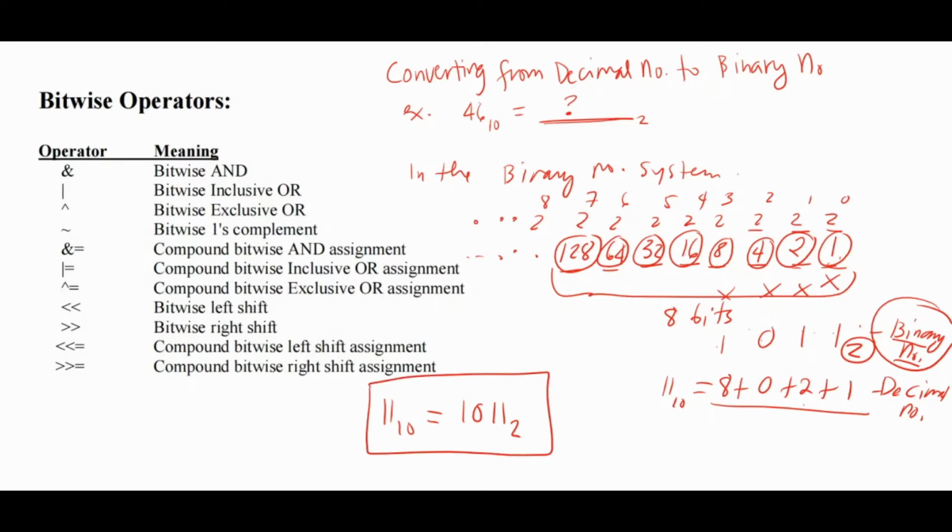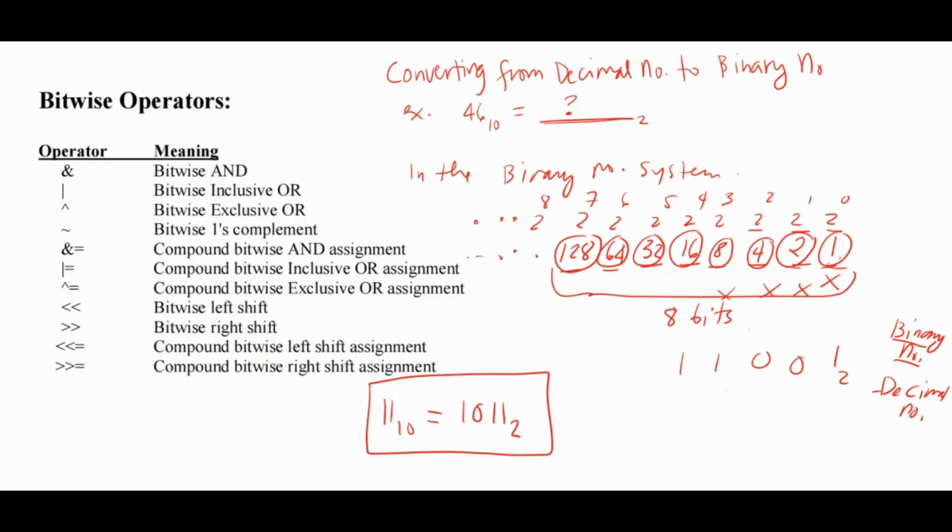Say for example, we have another value, 11001 base 2. Given this binary number, what is the equivalent in decimal, base 10? Again, you just multiply the bit in each position with the integer value in that position.